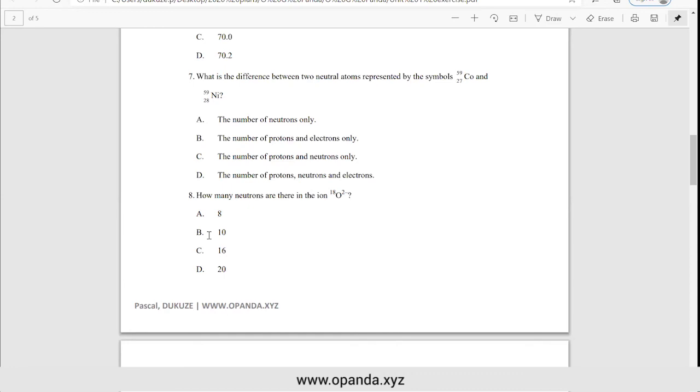You have 30 seconds, and here you will need to use your periodic tables. And if you don't have your periodic tables, let me remind you the atomic number of oxygen, that is 8.